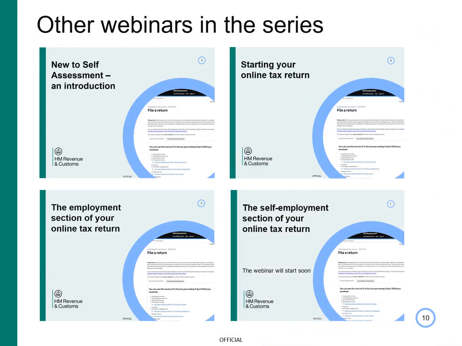Before we start today's webinar, I'll just mention our other webinars in the series to help you with your self-assessment tax return. They are New to Self-Assessment and Introduction, Starting Your Online Tax Return, the Employment section of your online tax return, and the Self-Employment section of your online tax return.